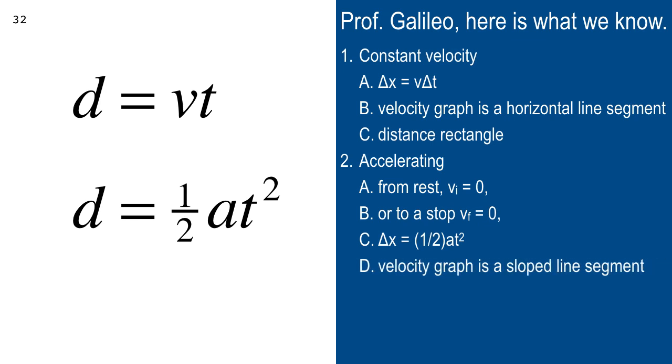The velocity graph is a sloped line segment of some kind, whatever the slope happens to be. And it corresponds to a distance rectangle, a distance triangle. All right, so that's our summary of concepts, formulas, and distance polygons.